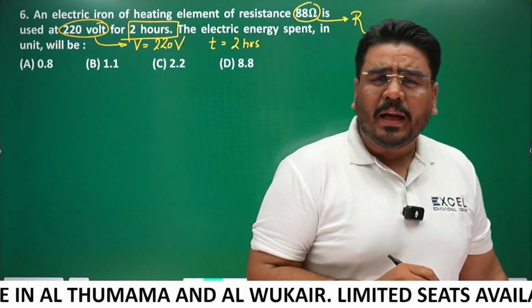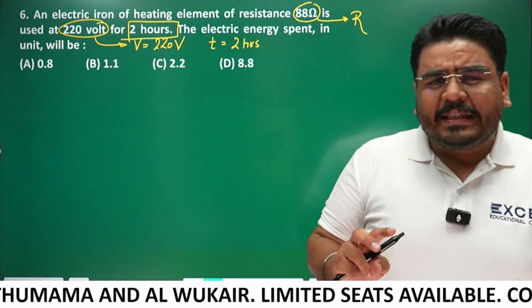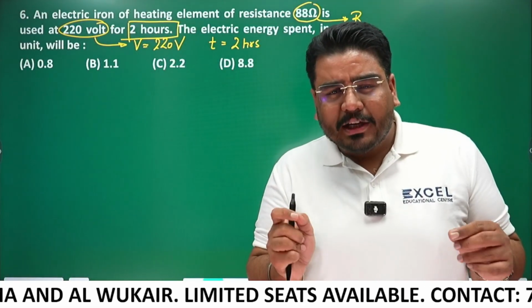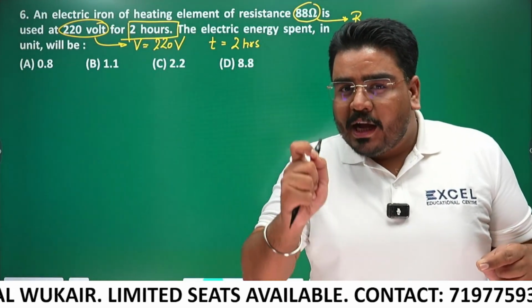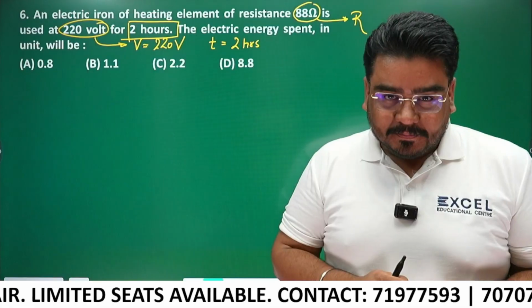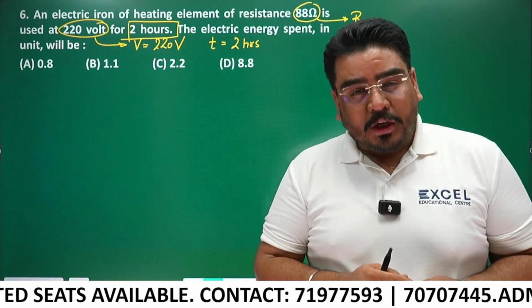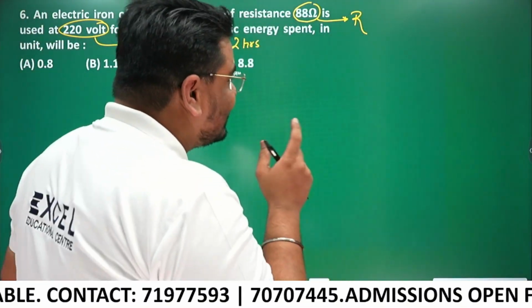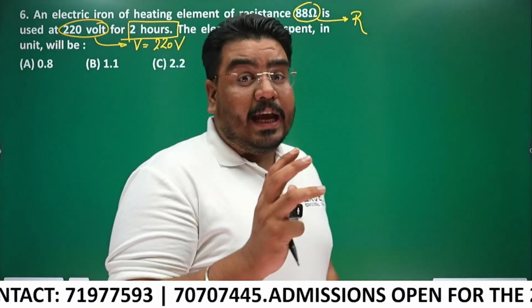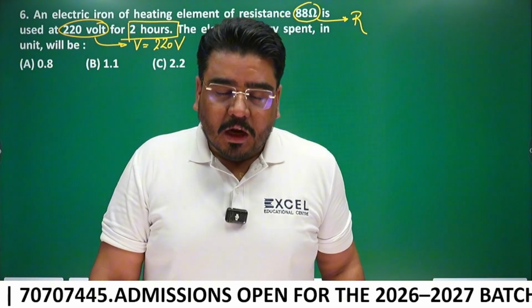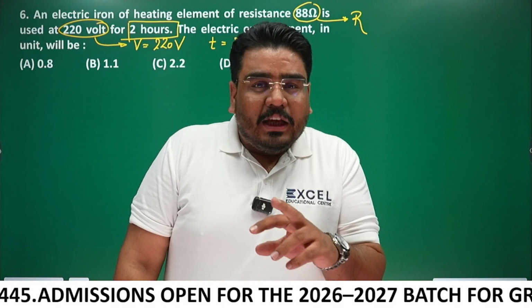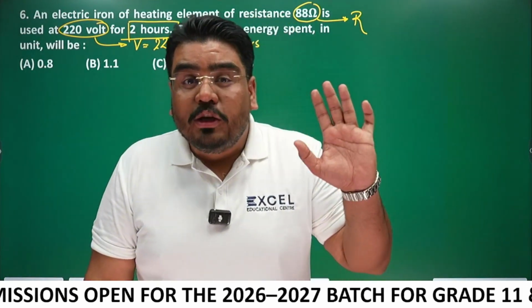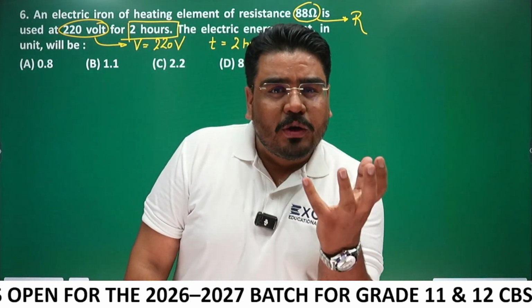What is the unit they are talking about? My dear students, they are talking about the commercial unit of electricity. We in India say that last month, we used 1,000 units. Now, obviously, they don't talk in the units that you guys use. We don't talk in joules, because energy's SI unit is what?